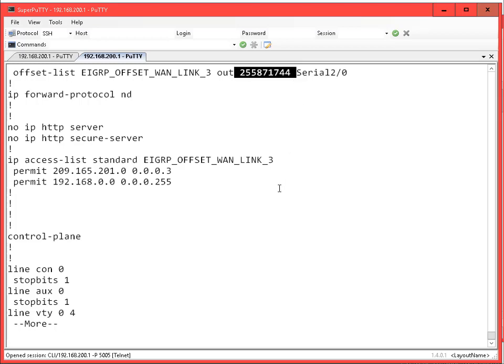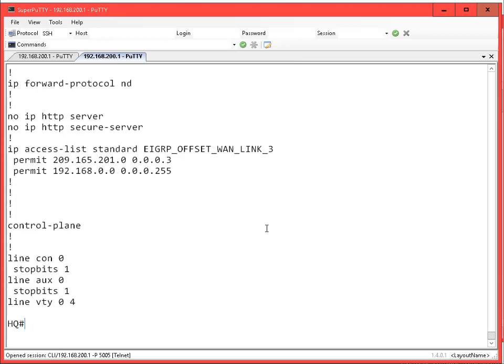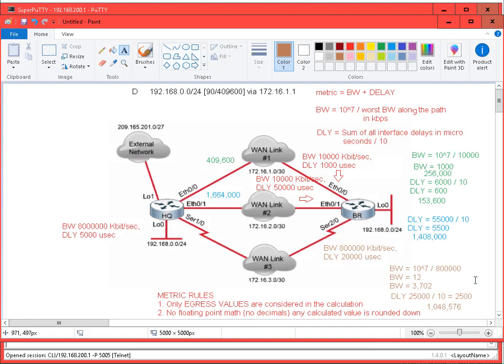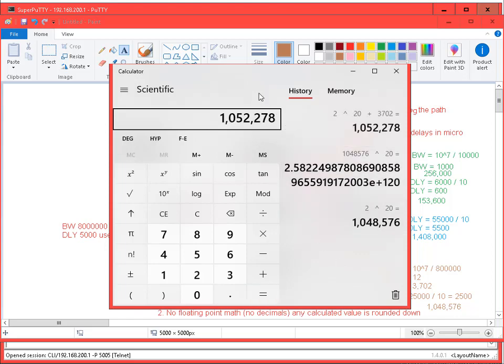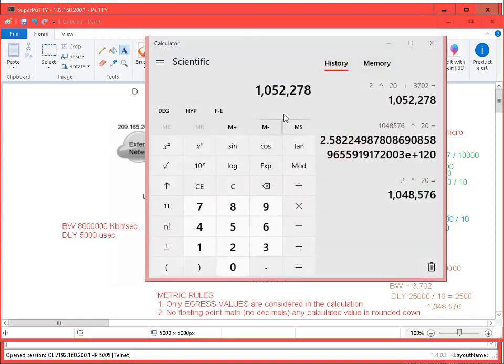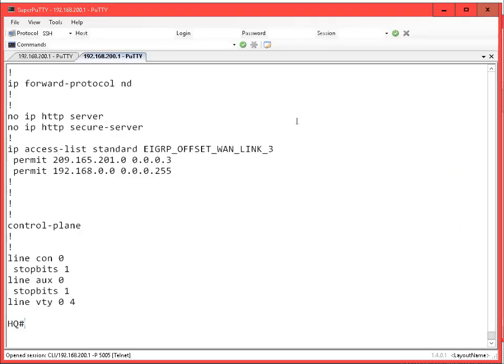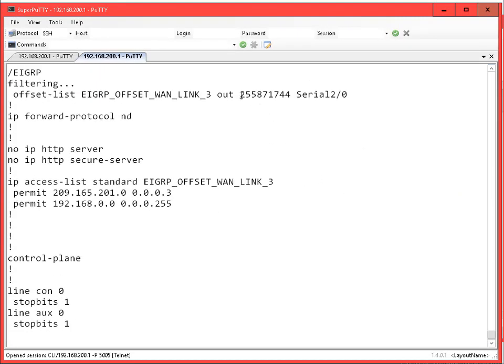So essentially what I'd have to do is calculate just the local metric of that route, which I did here, and add that offset. Let me see if that actually works. Hopefully it will. So let me go ahead and add 3702, and then add the offset, which was this number here.